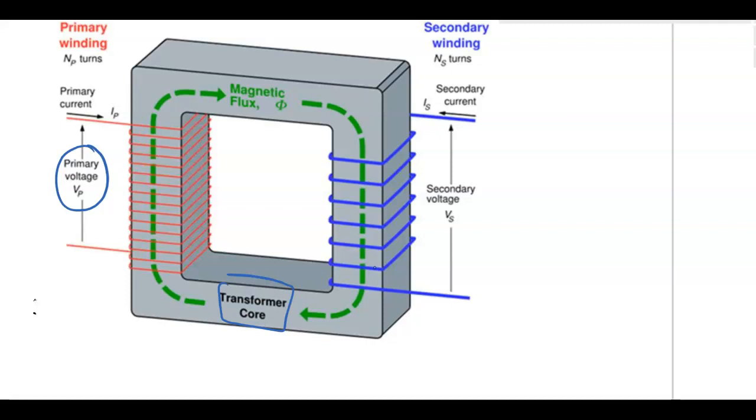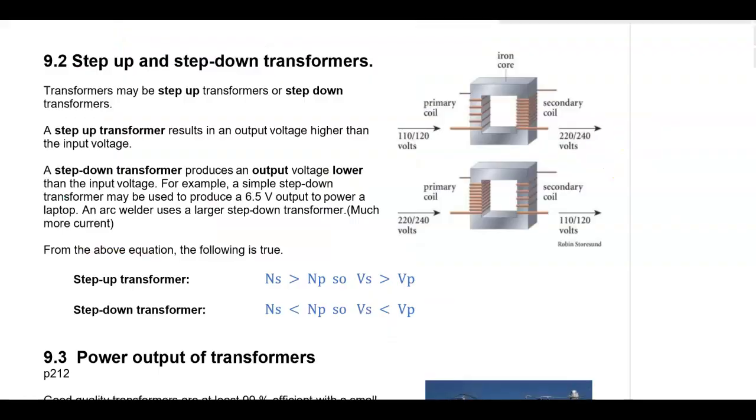So all we know now is that the voltage in the secondary coil is going to be less than the voltage across the primary.